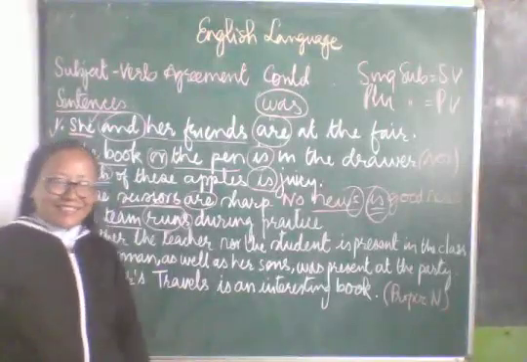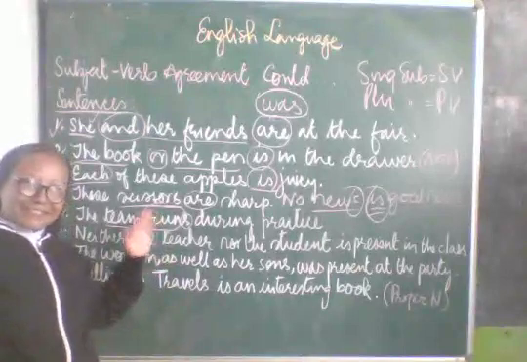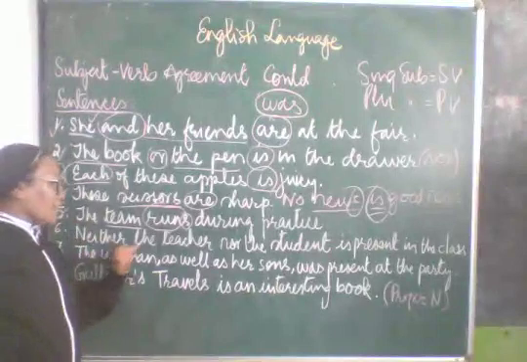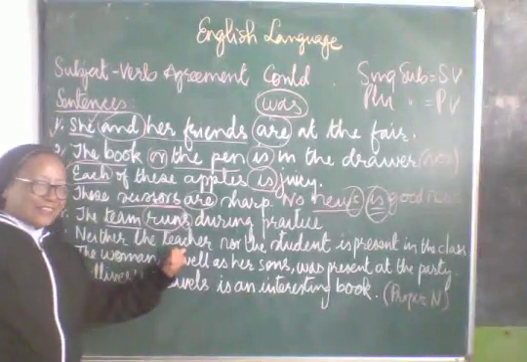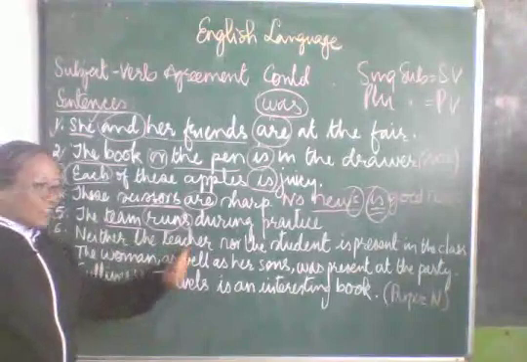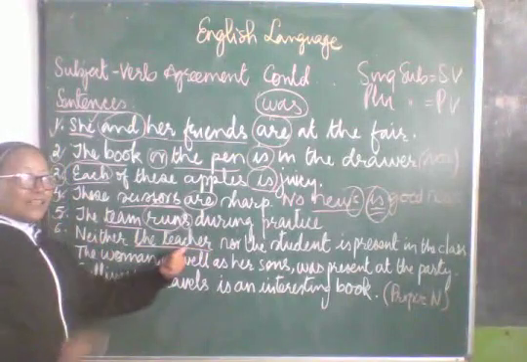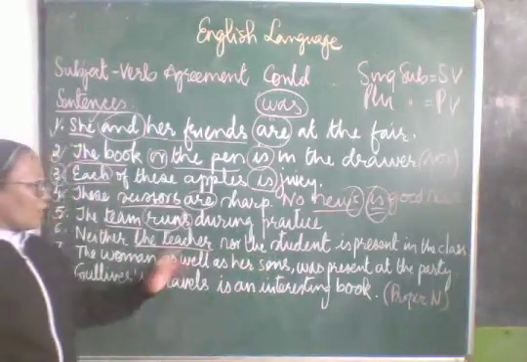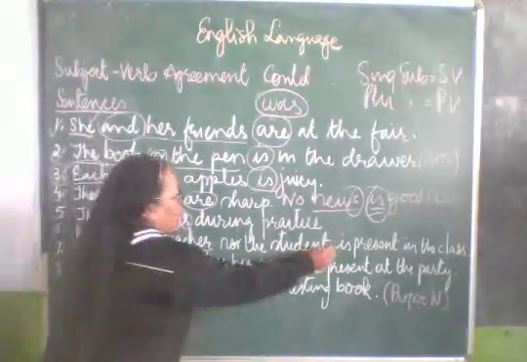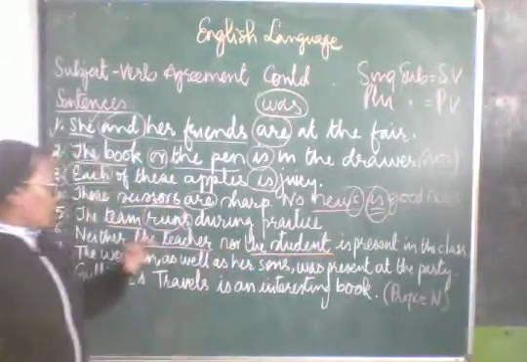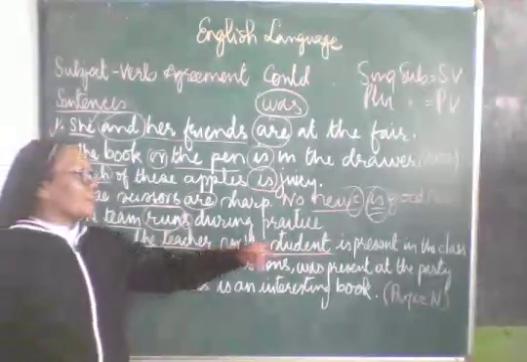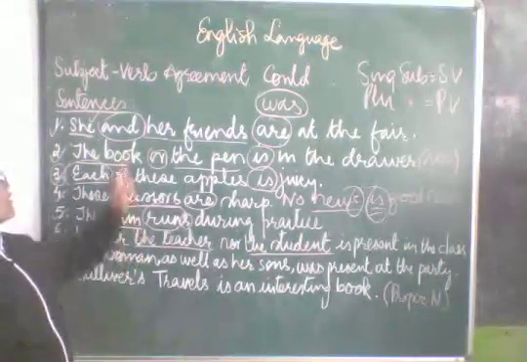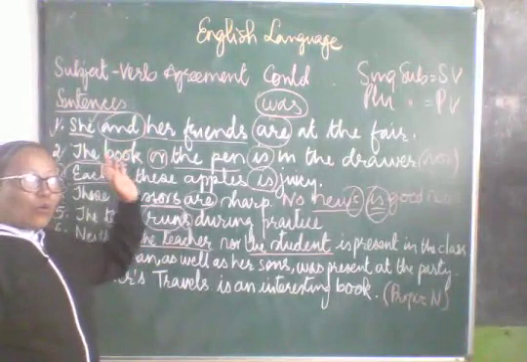Now sentence number 6. Up to this is clear, children? Now number 6. Neither the teacher nor the student is present in the class. Neither the teacher, one teacher, nor the student. Do you remember what I said in sentence 2?